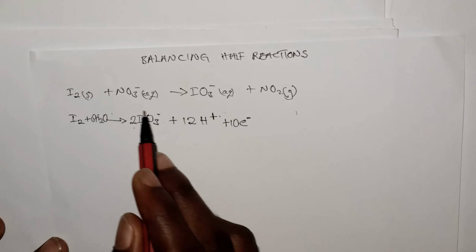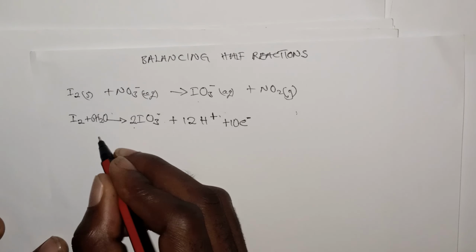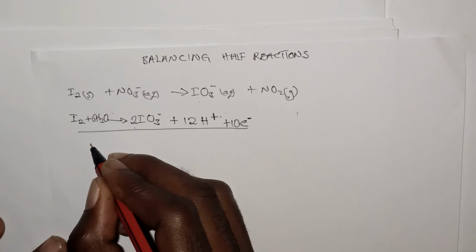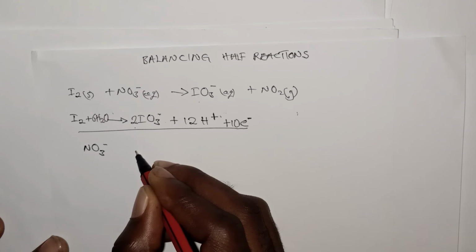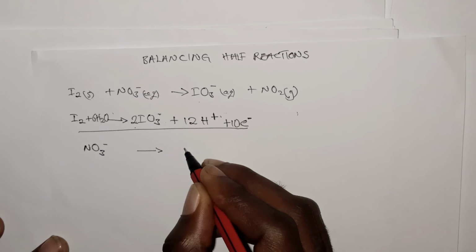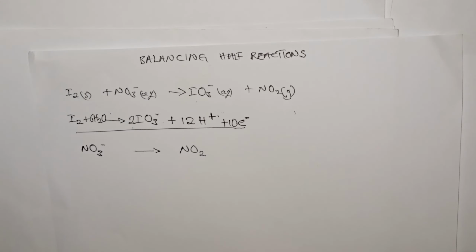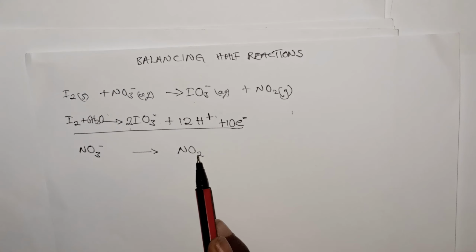Since we are done with this one, let's do this one as well. Okay. When you look at this one, what you're going to discover is that here we have 3 oxygen atoms and here we have 2.